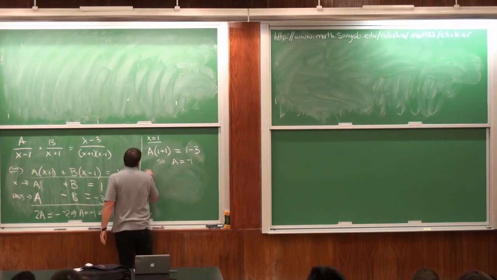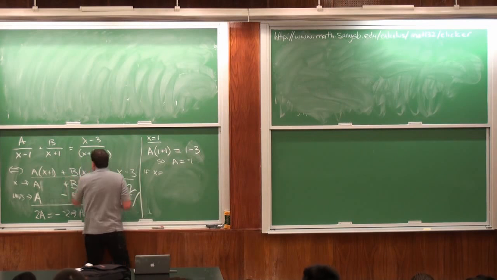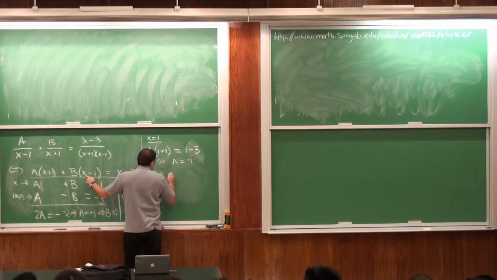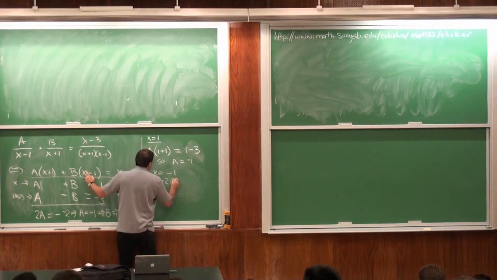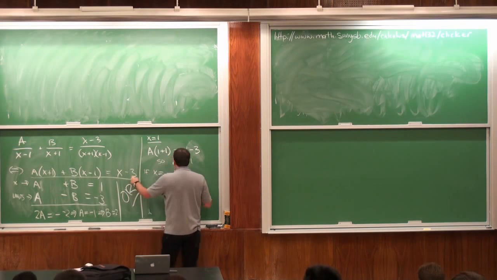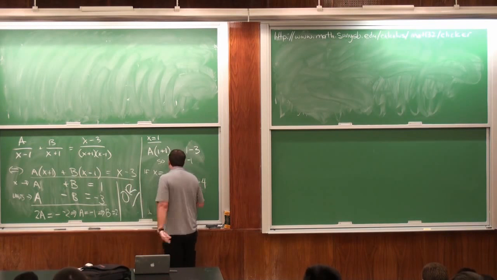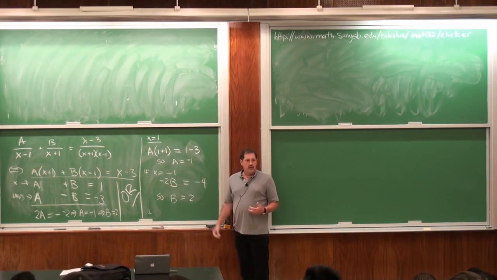And if x equals negative 1, which kills this piece, then I have here negative 2b equals negative 1 minus 3, negative 4, so that means b equals 2. These are the same, just done in a slightly different way.